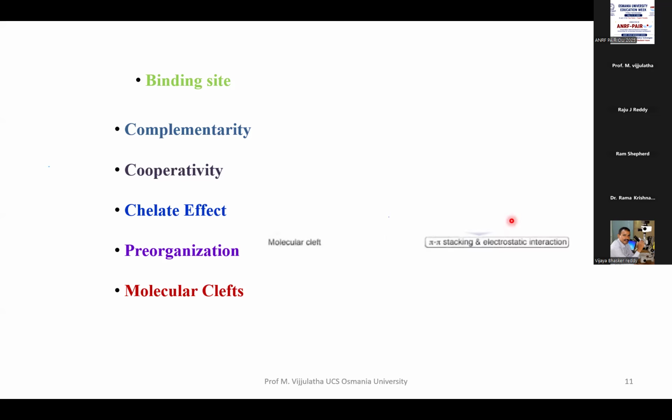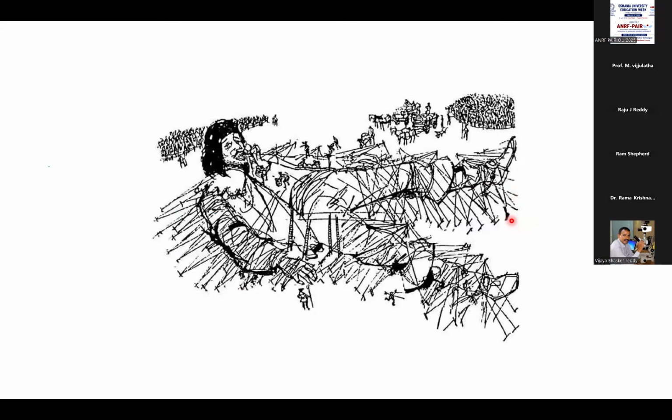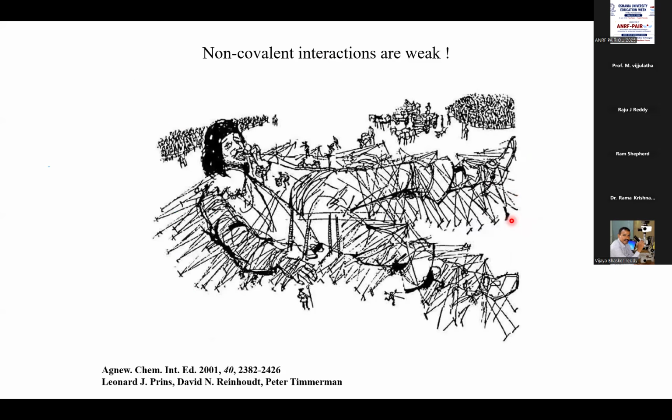The other one is called molecular cleft, where the cavity or the active site is deep inside the protein, and when you have such a protein, how the ligand has to be designed so that it goes into that cleft and has maximum interactions, non-covalent bond interactions like pi-pi stacking and electrostatic interactions. So these are some of the non-covalent bond interactions which we can talk about. The more non-covalent bond interactions, the better will be the binding between the receptor and the protein ligand.